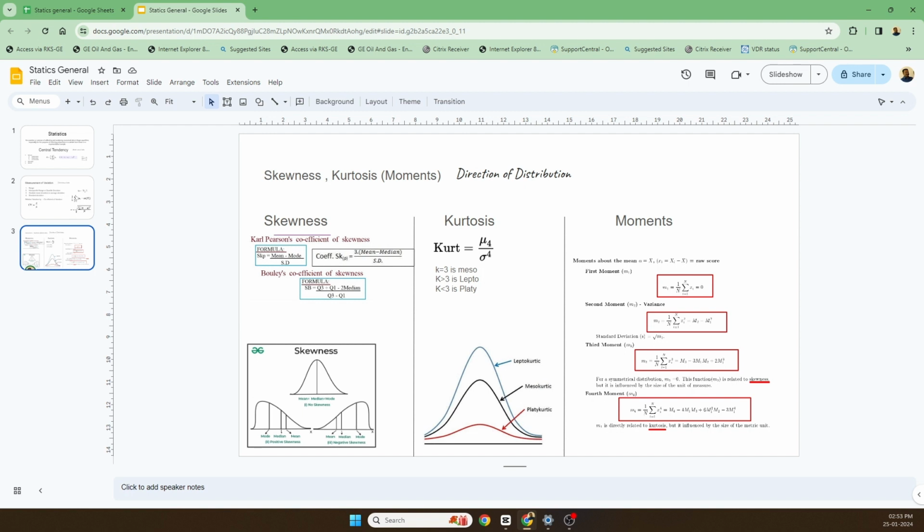For example, the cube of x minus x bar can become 0 only if both directions are symmetric in the chart. So it can be found with this formula as well, but this formula will not help you understand the direction of skewness. For the direction of skewness, you may need Pearson's calculation or Bowley's formula.